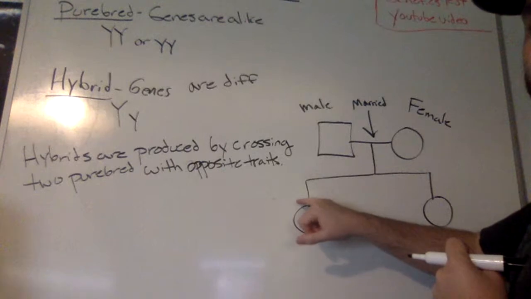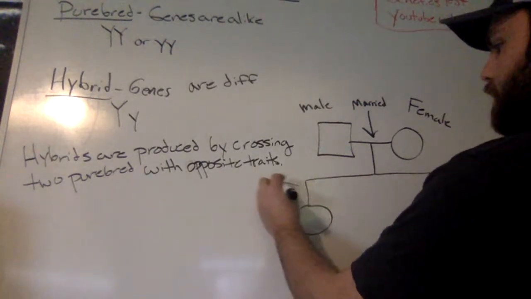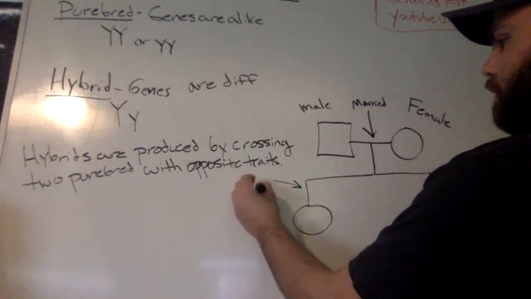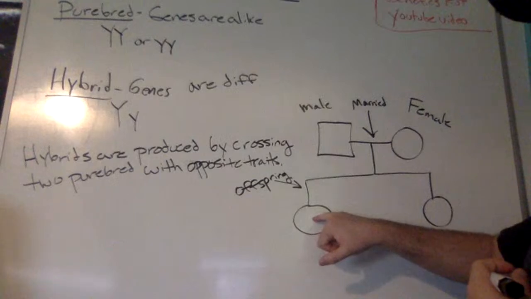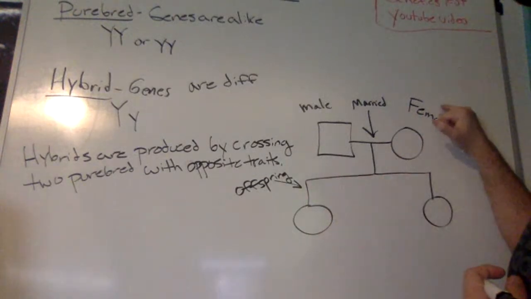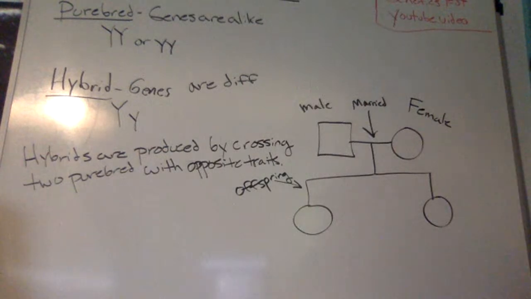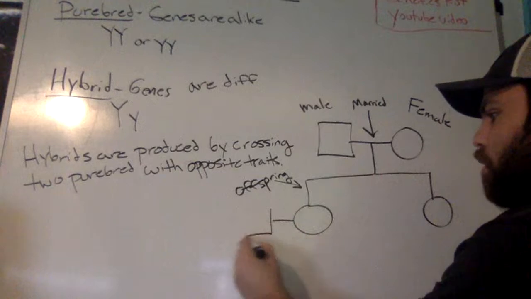Now, if they're over here and they come down, this shows their offspring. So in this case, since they're both two circles, it's going to be female. All right. Now, let's say these guys have offspring.